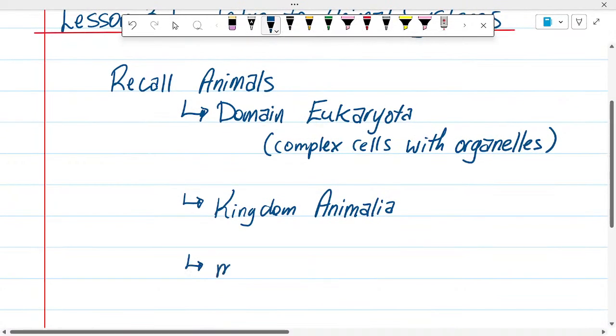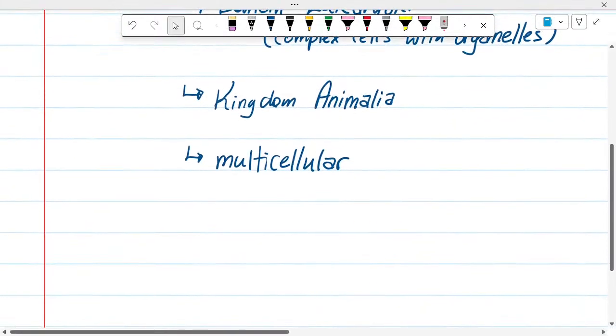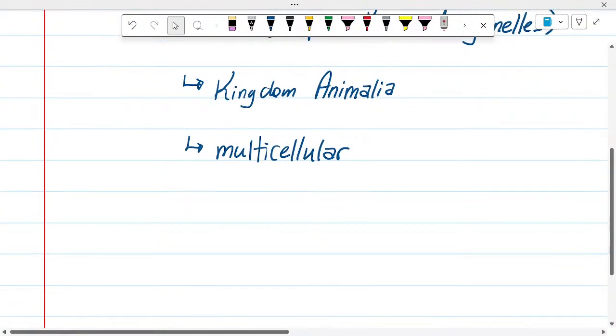And animals are multicellular. What's it mean to be multicellular? Your cells are complex. That's what it means to belong to domain Eukaryota. What's it mean to be multicellular? What's multi mean? Multiple, which means?